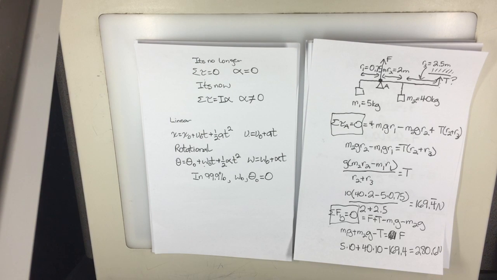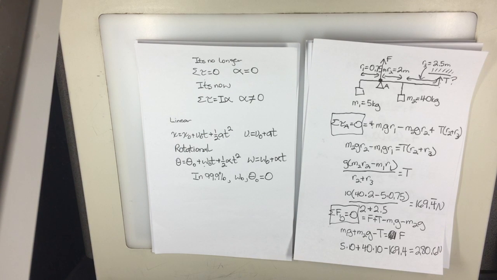There is one example done in class where I talk about theta naught being non-zero, but that is only for one specific problem during a lecture. For your problem sets, for your tests, for your final, theta naught will always be zero.